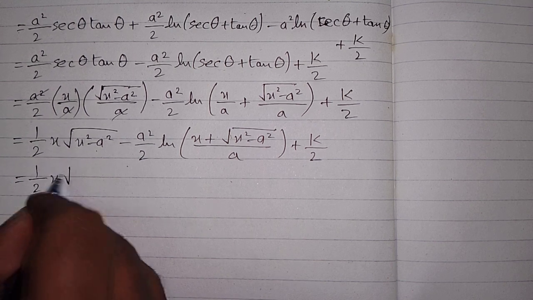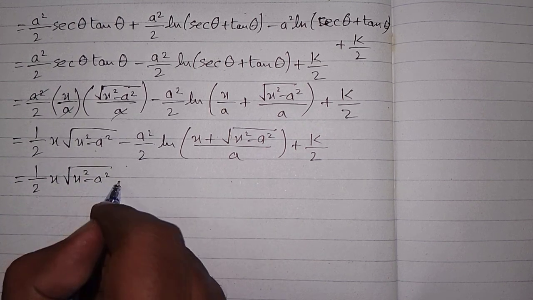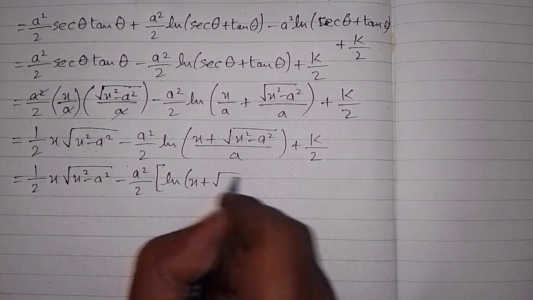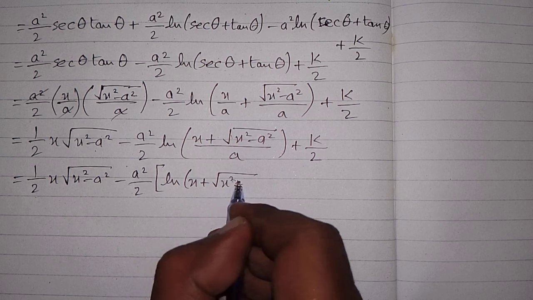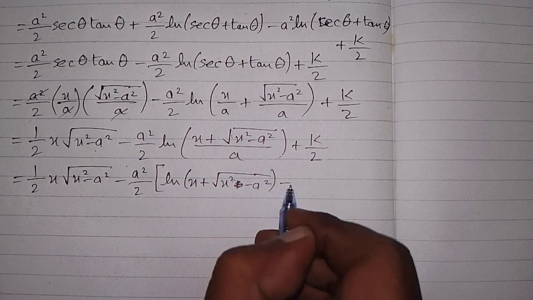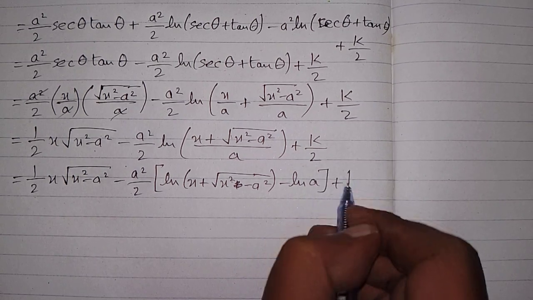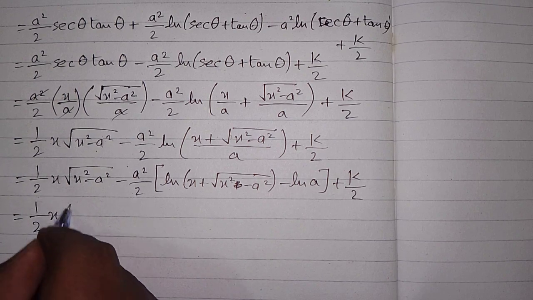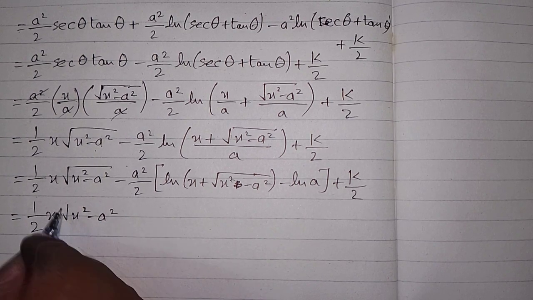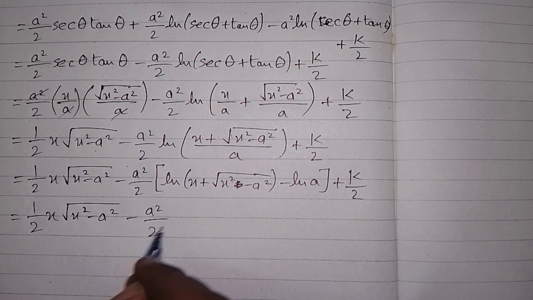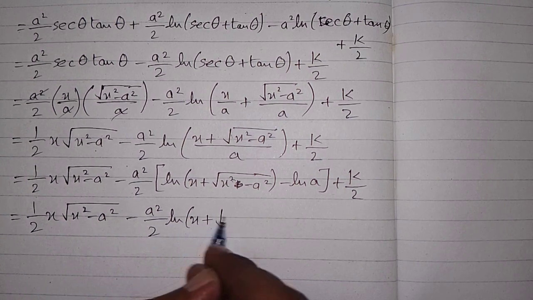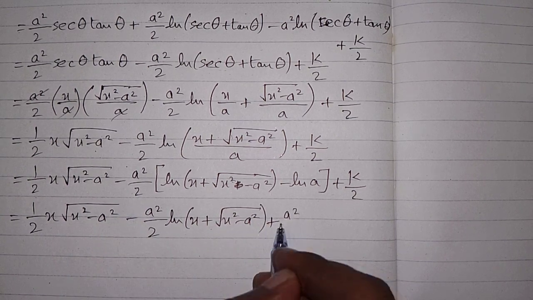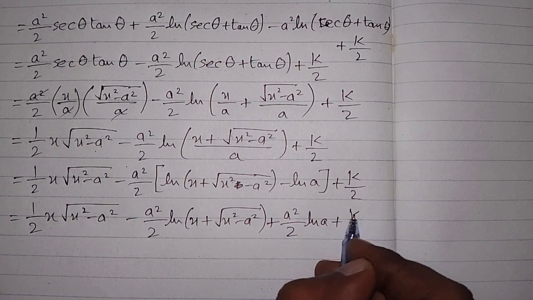So we have half x square root of x square minus a square minus a square upon 2 ln of x plus square root of x square minus a square minus ln of a plus k upon 2, which is equal to half x square root of x square minus a square minus a square upon 2 ln of x plus square root of x square minus a square plus a square upon 2 ln of a plus k upon 2.